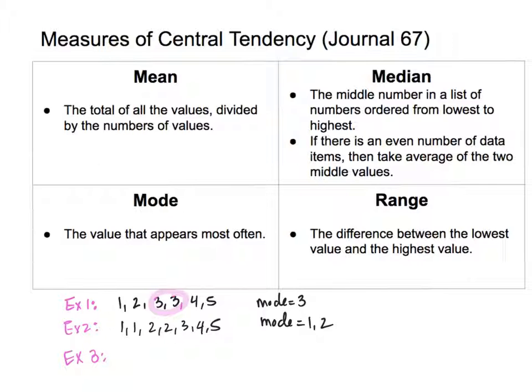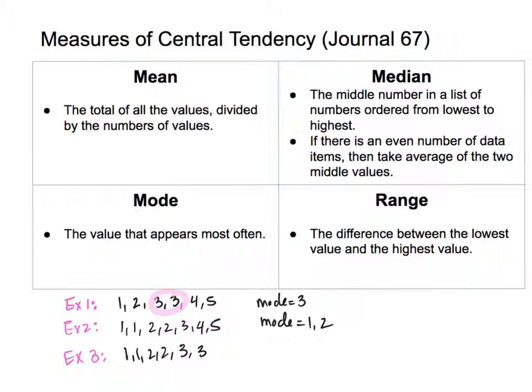Now, let's say you have this type of mode. Let's say you have a string of numbers. Notice how my string of numbers, I have 1, 1, 2, 2, and 3, 3. So notice that I have a copy of each number twice.